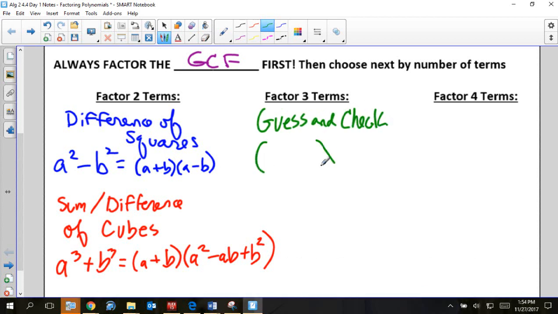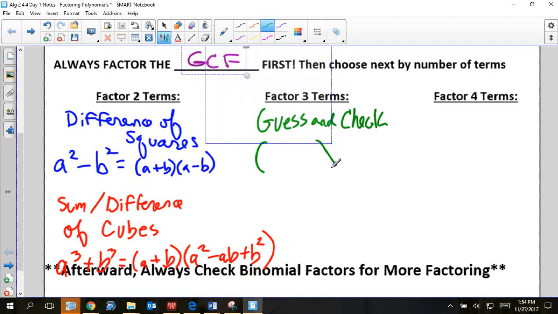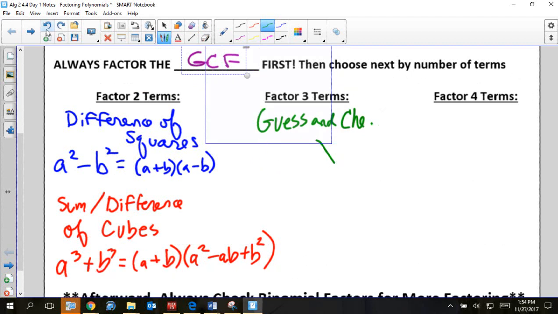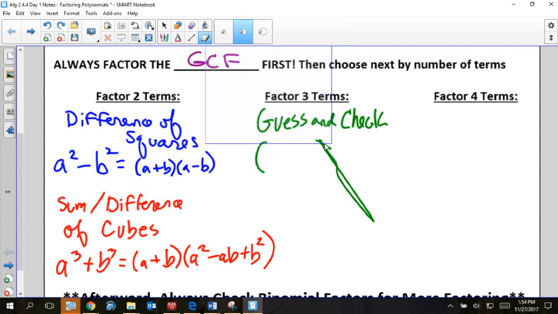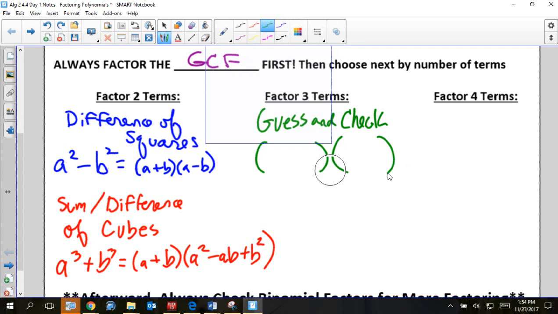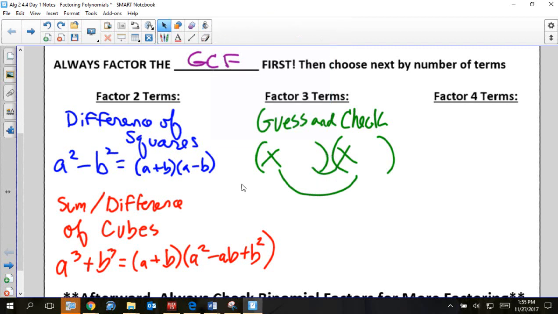You just make the 2 parentheses, and then you sometimes like x and x, and you figure it out. What's the check part? You foil it back together.